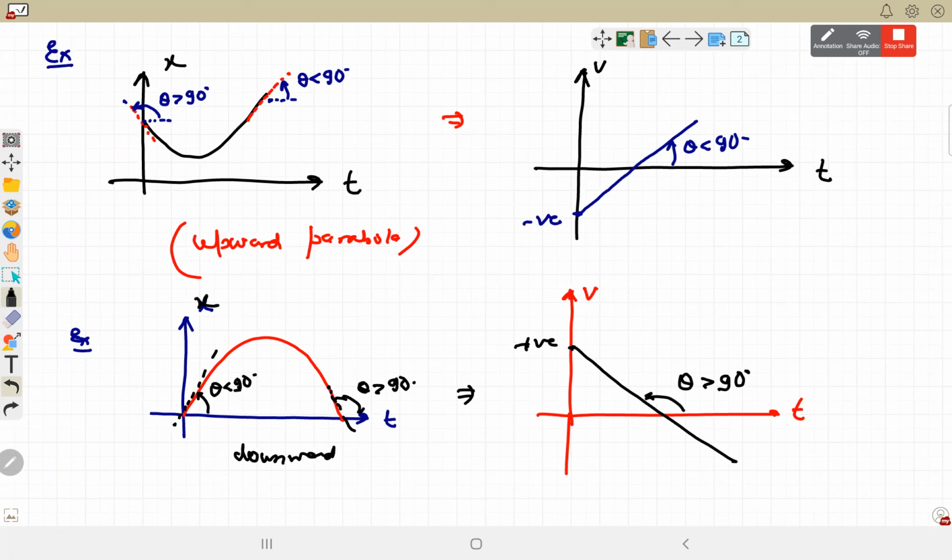So we did these types of graphs last class, and then the combination. Now, the next category of graph is when we have to convert the graph. xt to vt, vt to at is the same pattern, and sometimes the question asks the opposite. If this is a velocity time graph, what will be the corresponding position time or displacement time graph? That we can do with the same logic, but in the reverse way.